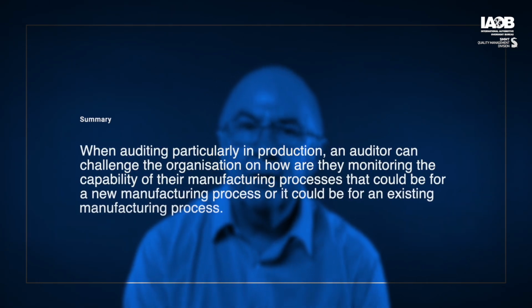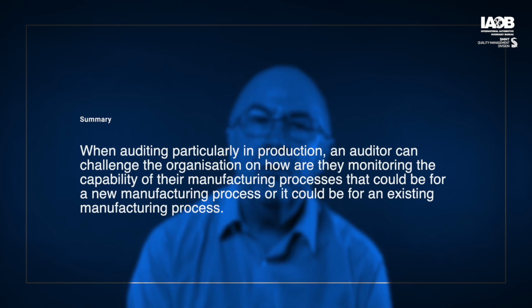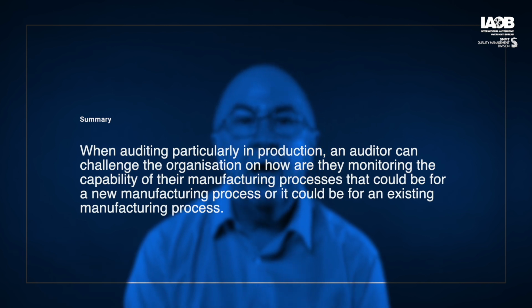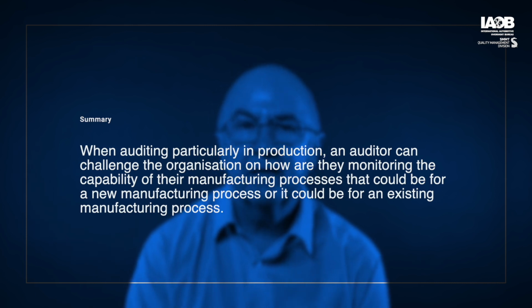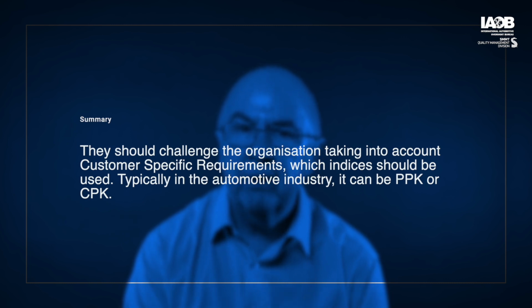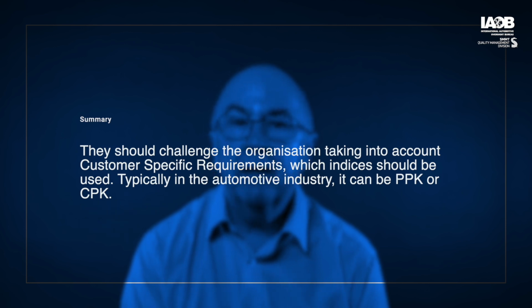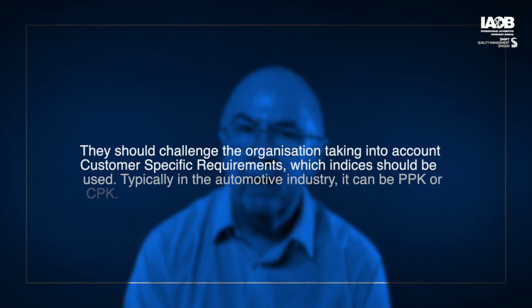So let's summarize. When auditing, particularly in production, an auditor can challenge the organization on how they are monitoring the capability of their manufacturing processes. That could be for a new manufacturing process, or for an existing one. They should challenge the organization, taking into account customer-specific requirements, on which indices should be used. Typically in the automotive industry, it can be PPK or CPK.